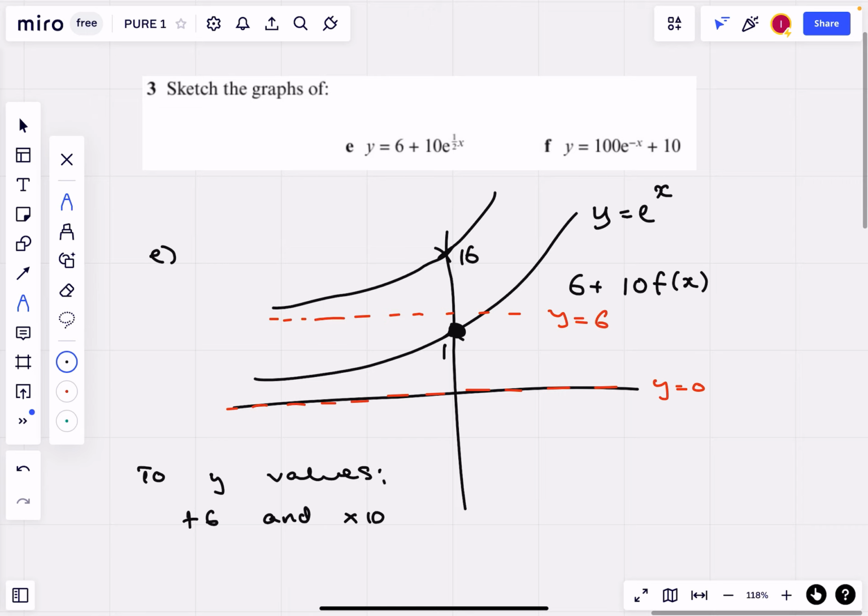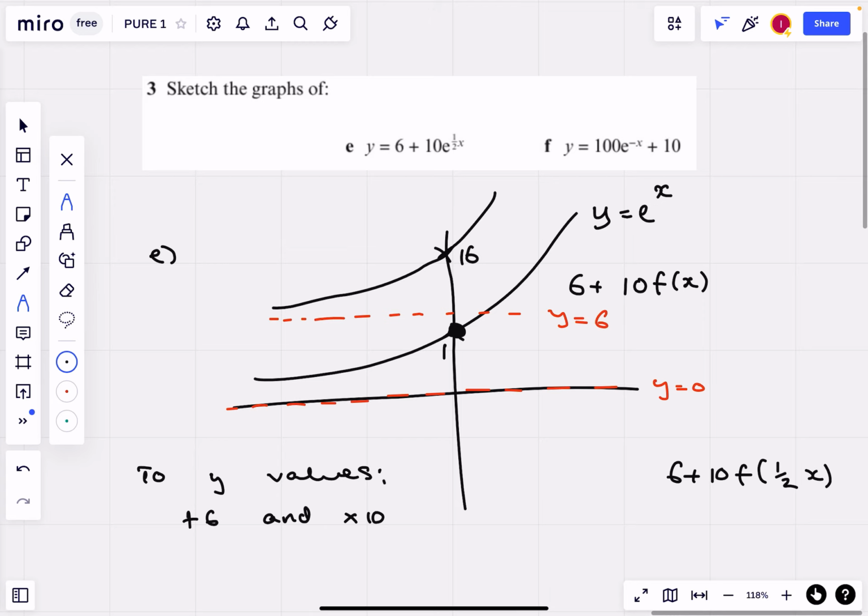Okay, the x value. We are doing 6 plus 10e to the half x, so we are dividing all our x values by a half. Because it's a sketch, it's kind of hard to notate that.